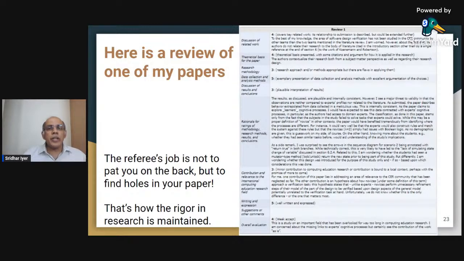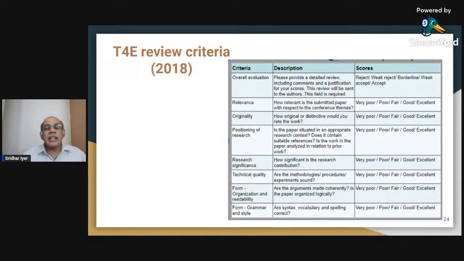Now coming to T4E, what are the criteria that T4E reviewers are going to look for? I'll give you a moment to just read this.